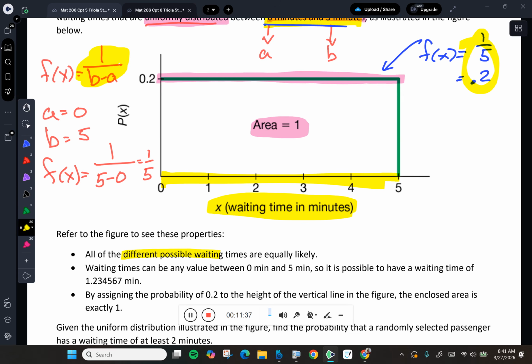And if I had an accurate enough watch, any possible waiting time could happen. 1.2, 4, 5, 6, 7 minutes could happen if I had an accurate enough watch. Okay? And that right there is what makes this a continuous probability function. That x could be any value, and there are no restrictions as long as it's something between 0 and 5.